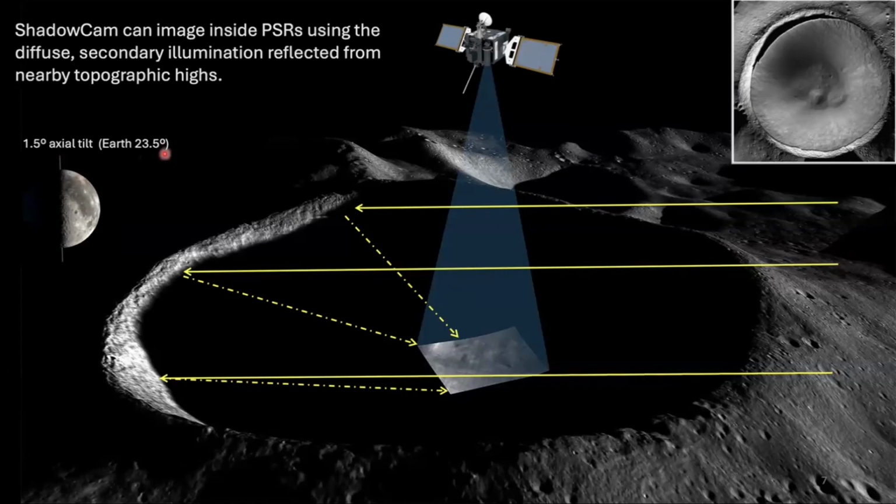But there are some small differences, and this matters for ShadowCam because often when we get high topographic highs, such as a crater rim near the pole that's illuminated, it will reflect and scatter secondary illumination into the crater interior. And ShadowCam was specifically designed to take advantage of these low levels of illumination. And so we can take images with ShadowCam and build nice mosaics, such as this one in the top right, which is Shackleton crater right on the South Pole.